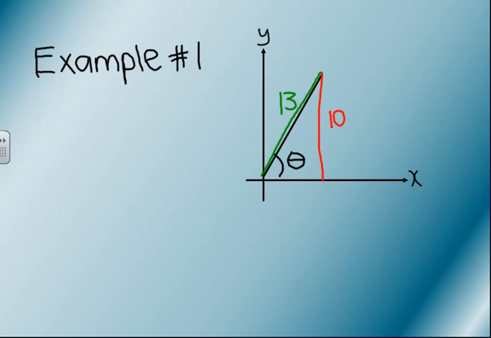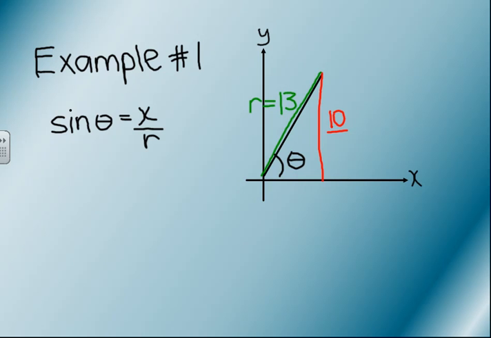So let's do an example. So here we know the length of x is 10, and the length of r is 13, and we want to find what angle that is. So we have an x and an r, and we can think in our mind cosine relates x and r.